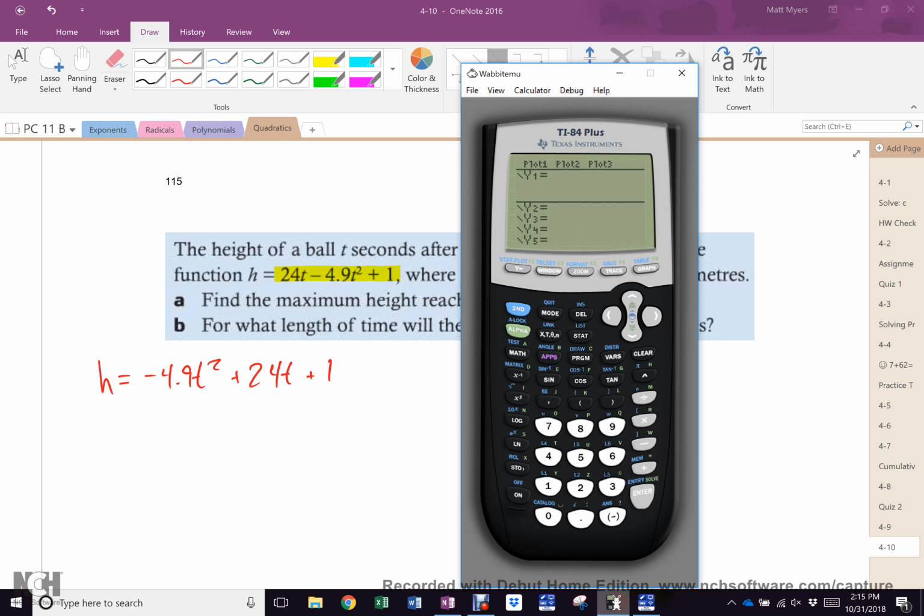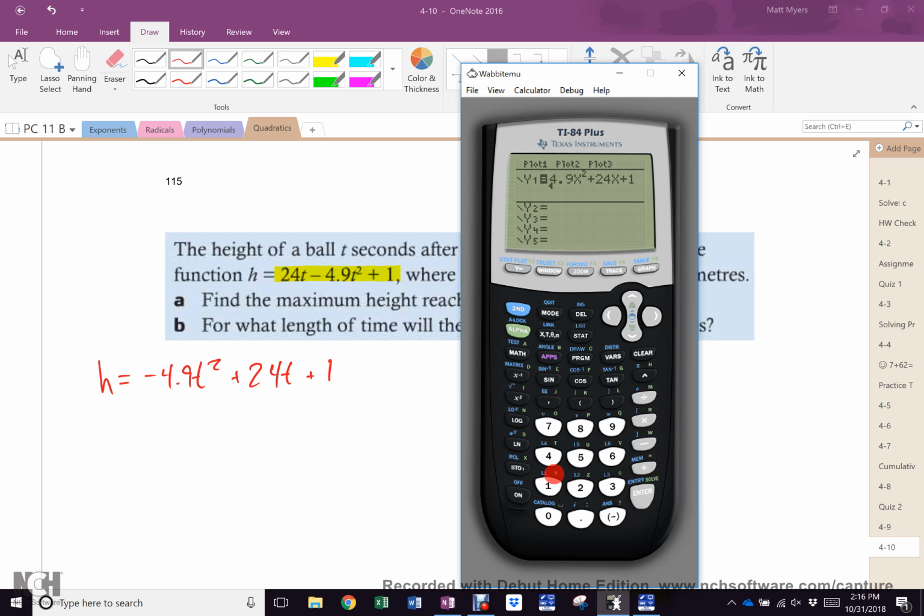Negative. So make sure you punch it in right. Negative, and now go. What is it? 4.9. But I no longer have an x, I have a t. But I use the same button. Doesn't matter. Squared. Plus 24 variable plus 1.